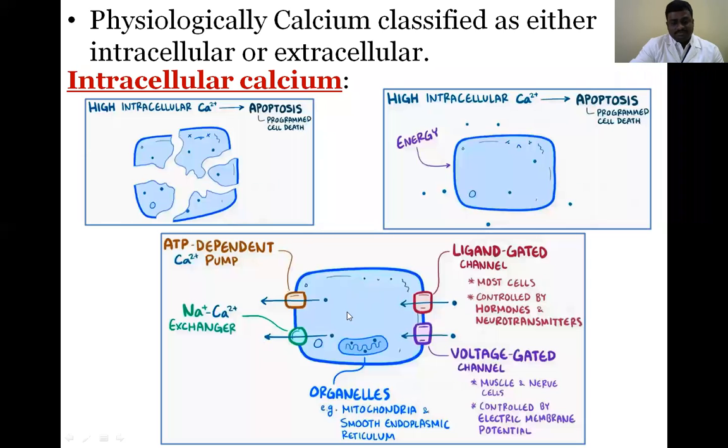Some of the calcium inside the cell is stored in cell organelles: the mitochondria and the smooth endoplasmic reticulum.